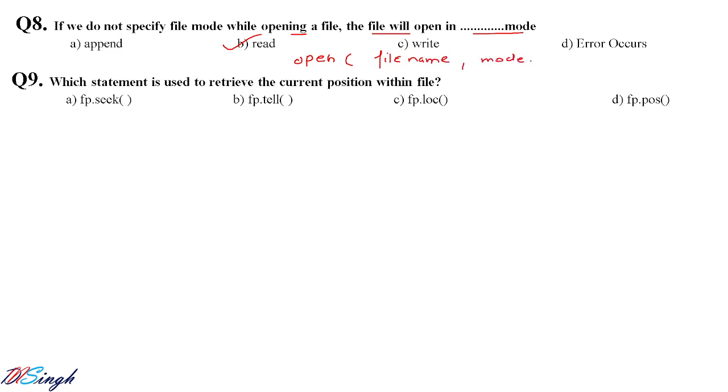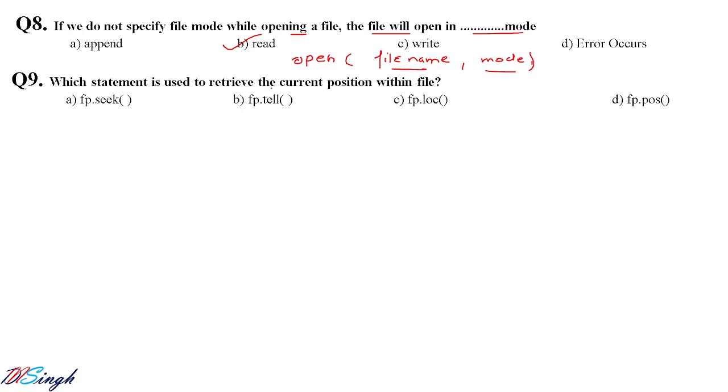There are other arguments also like newline, but we will discuss them later in other questions. For now, keep in mind these two important parameters for the open function. So if you are not going to specify the mode, by default it is going to take read mode.